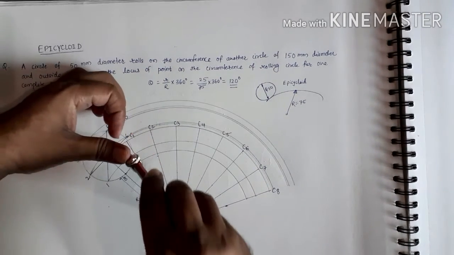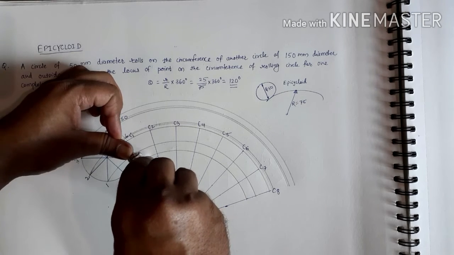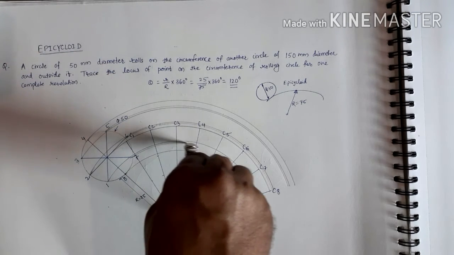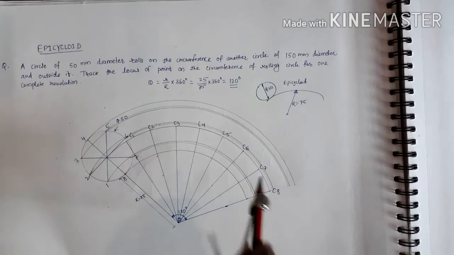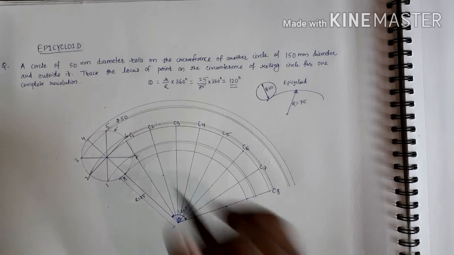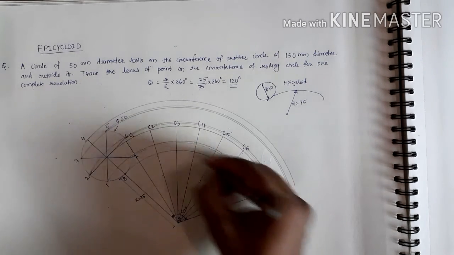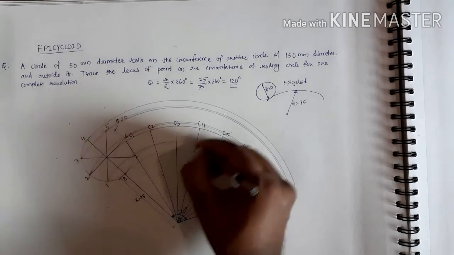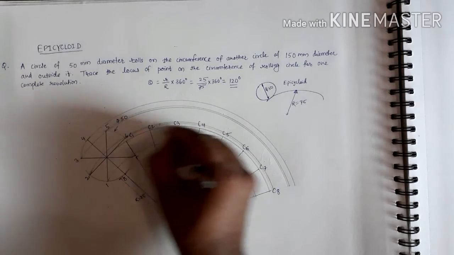From 7 draw the arcs. Okay, we have finished with the arcs. So this was the fourth step.